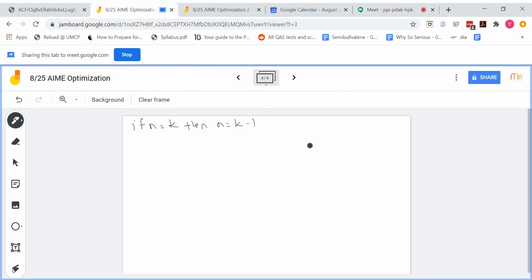Well, in general we have (x1 plus x2 all the way to xk) divided by k is at least the kth root of their product.